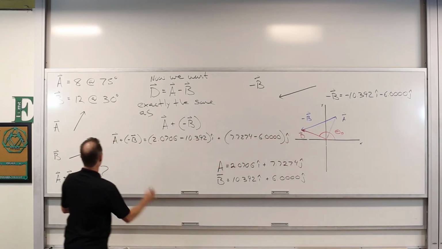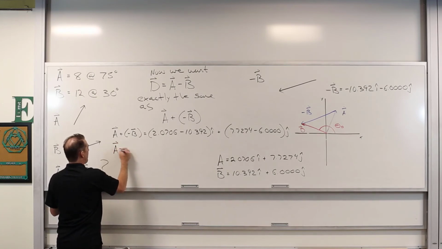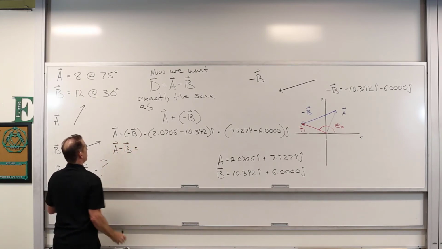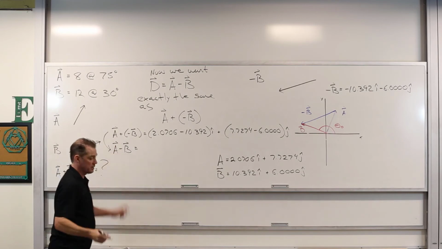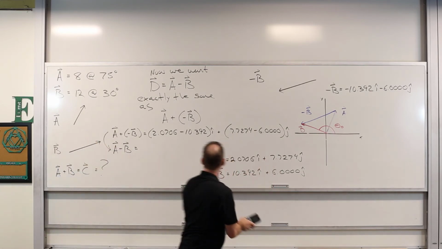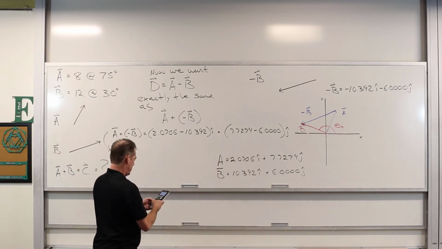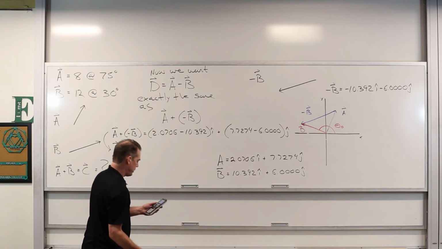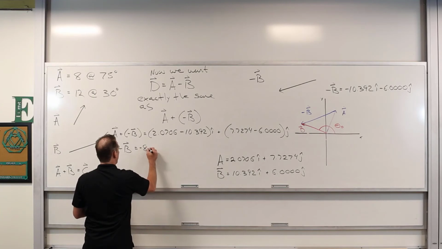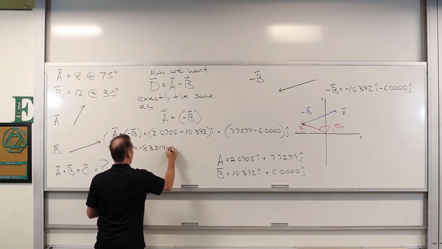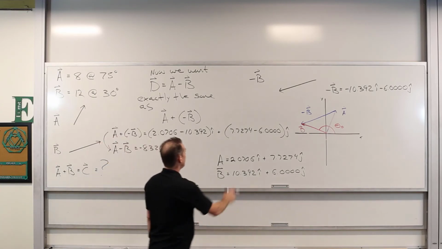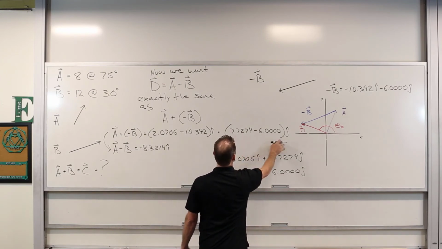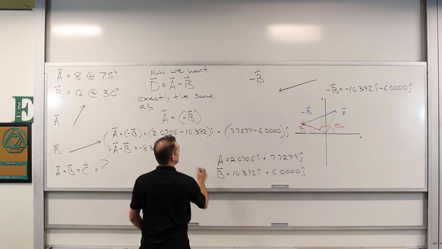So a hat minus b hat, which is a hat plus minus b hat, is then equal to, in unit vector notation, 2.0706 minus 10.392 gives us negative 8.3214 i hat. And then we've got 7.7 minus the 6.